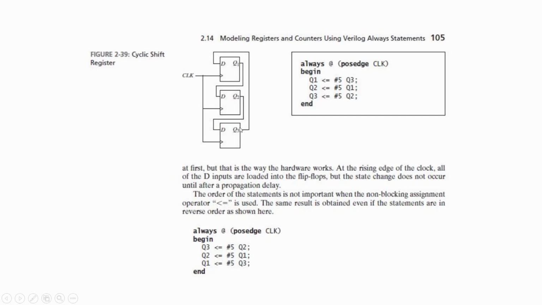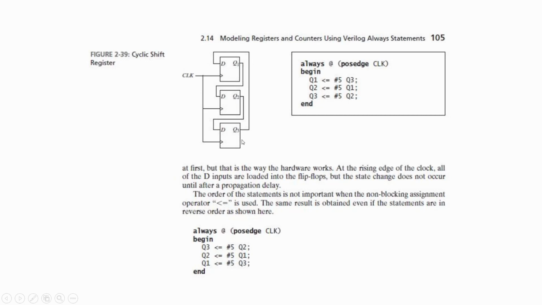So Q1 is equal to Q3, which means the output of the first flip flop is equal to the third flip flop's output as well. If D1 is equal to 1, that is Q3 is equal to 1, we get Q1 equal to 1. If Q3 is equal to 0, D1 is equal to 0, and Q1 is equal to 0.